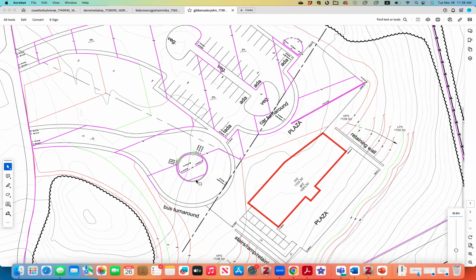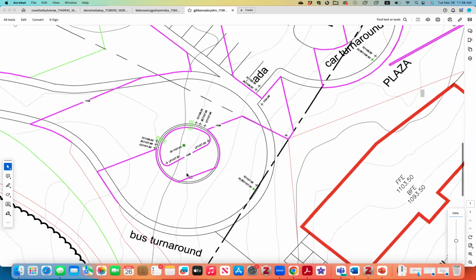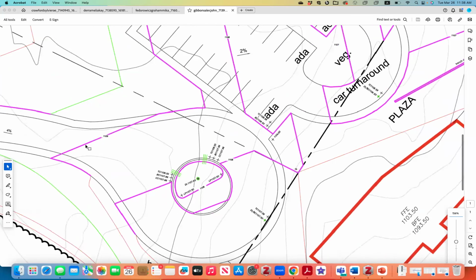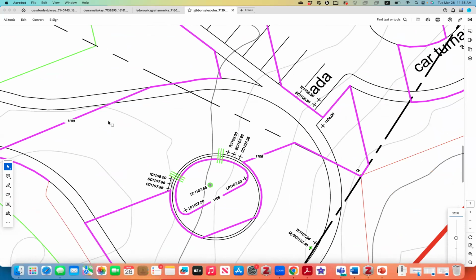I do need to know this is the 8 contour here. Okay. This is the 8 contour. Then if that's the case, your curb cut is actually higher than 8, right?